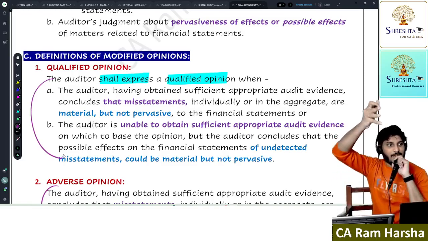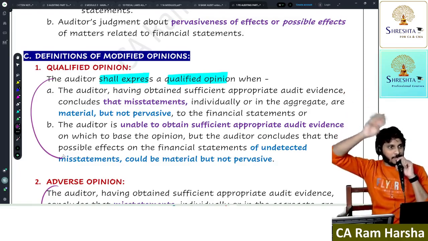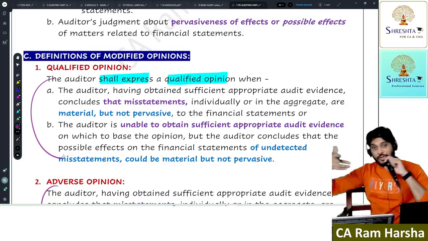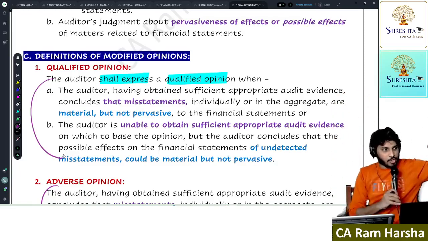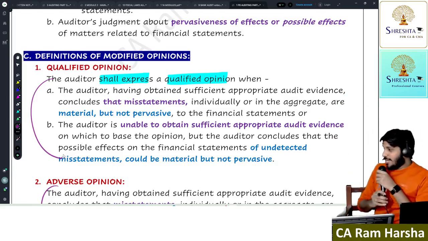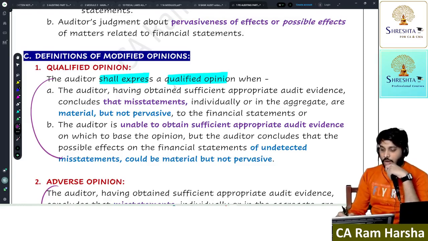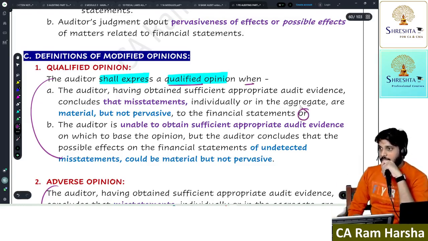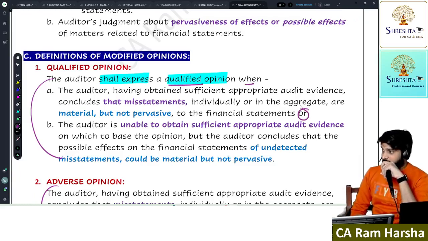Understood or not? If you are able to understand, now you read all the definitions, you don't try to remember, you remember naturally. Correct? Now you see, the auditor shall express a qualified opinion in two cases, A or B. If any of these two cases exist, you can give that opinion.